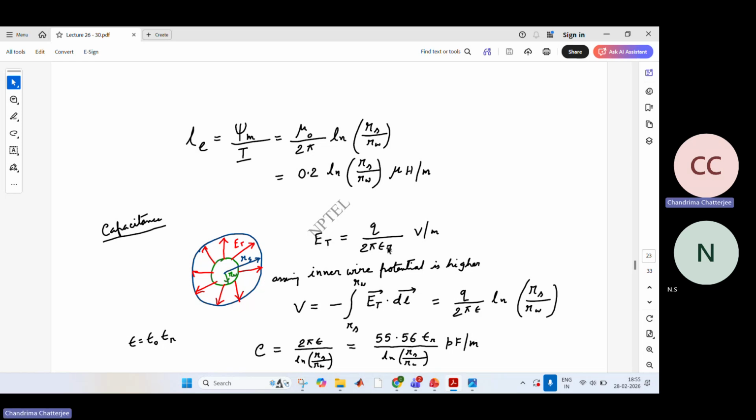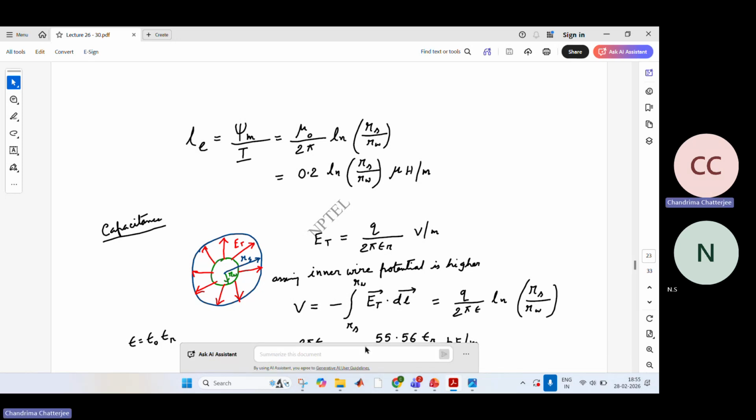It is Q by 2 pi epsilon r, where Q is the charge, in volt per meter. Now, for finding out the potential difference from Rs to Rw, we will have to do integral E dot dl. This is the potential difference.